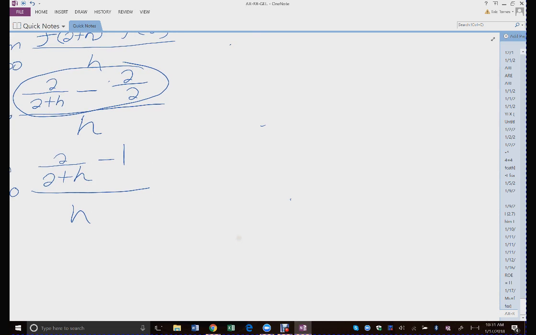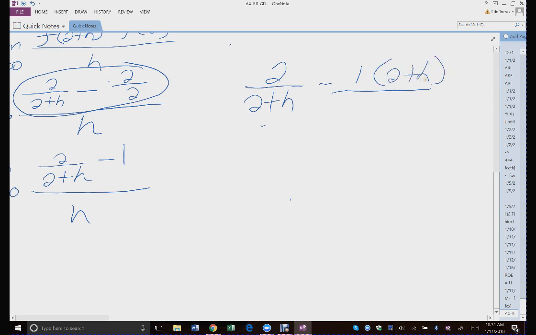And just over to the side, I'm going to examine 2 over 2 plus h minus 1, and I'm going to convert that 1 into a fraction that has the same denominator as 2 plus h. I'm going to do that by taking the top and the bottom and multiplying by my lowest common denominator.